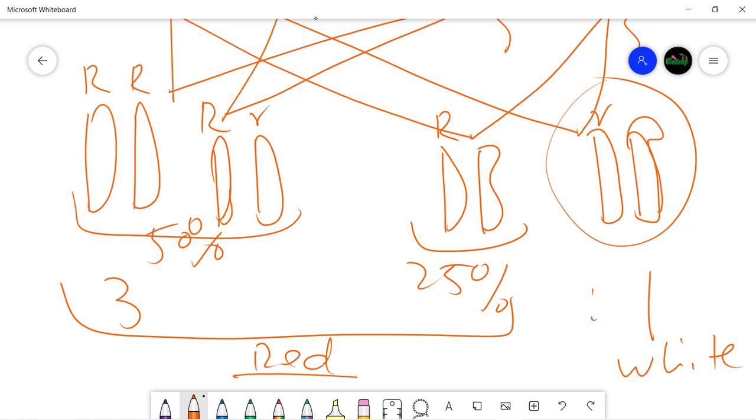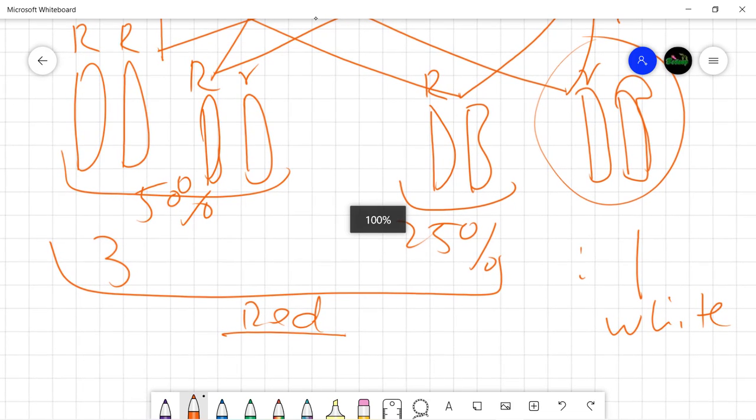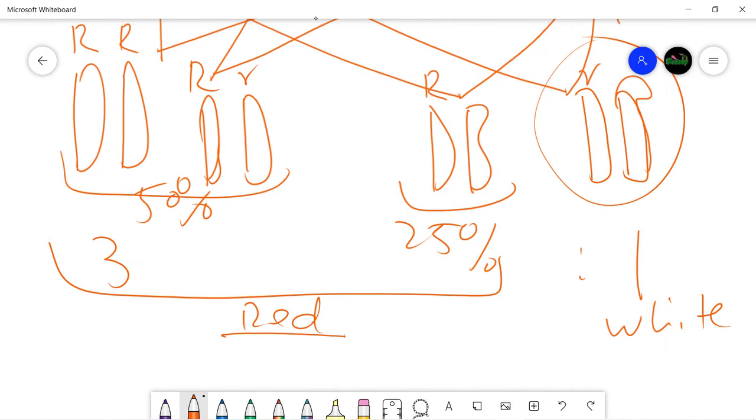But the actual result is totally different: all the white-eyed flies are males, and of the red-eyed flies we have 50% red-eyed females and only 25% red-eyed males. This was his initial cross, or the first cross.